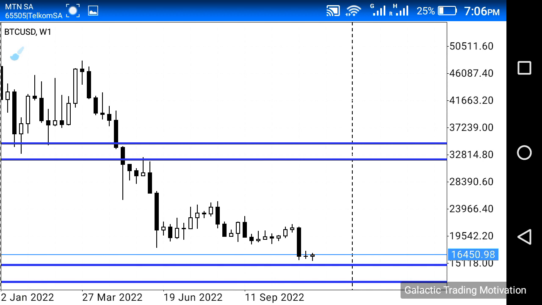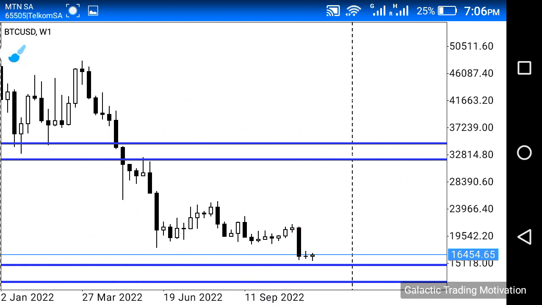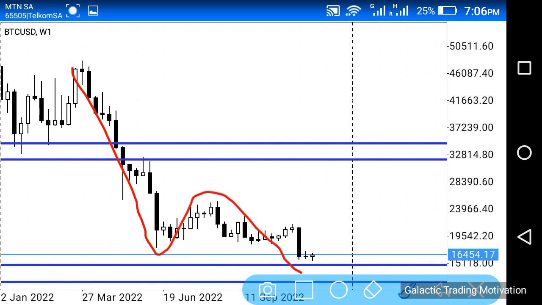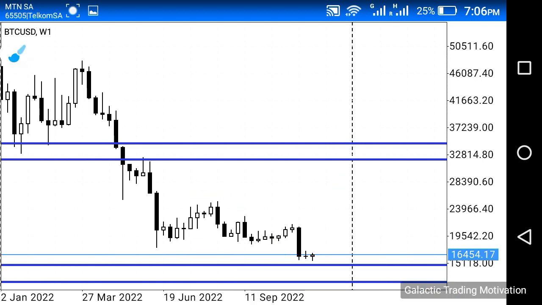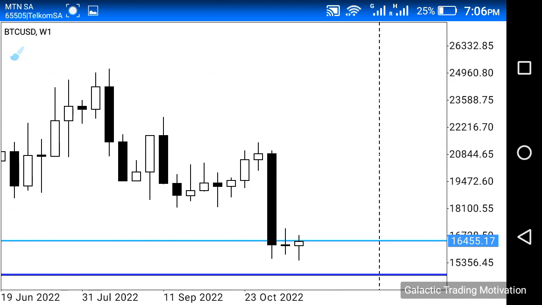However, we had this W structure, and we saw price pushing further down. What may actually happen is that price may still give us an actual W structure. Nonetheless, we'll see how things unfold over the next couple of weeks and even perhaps months.